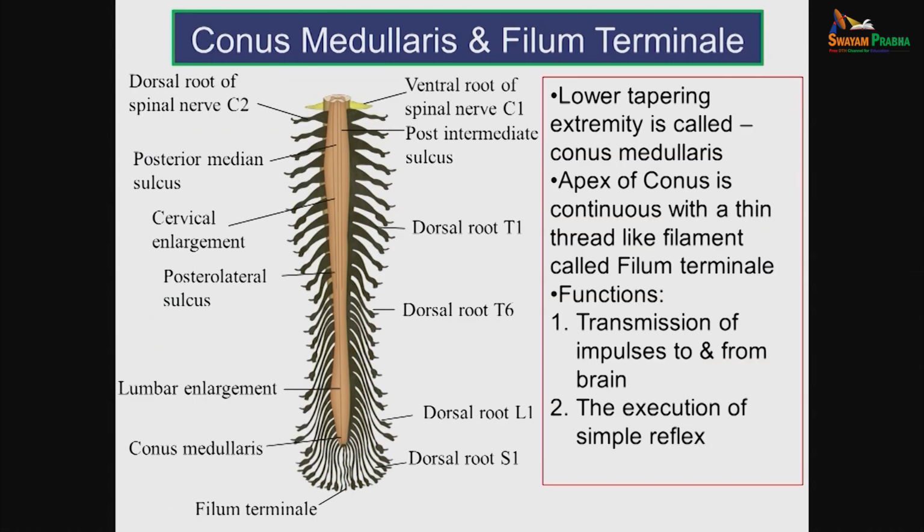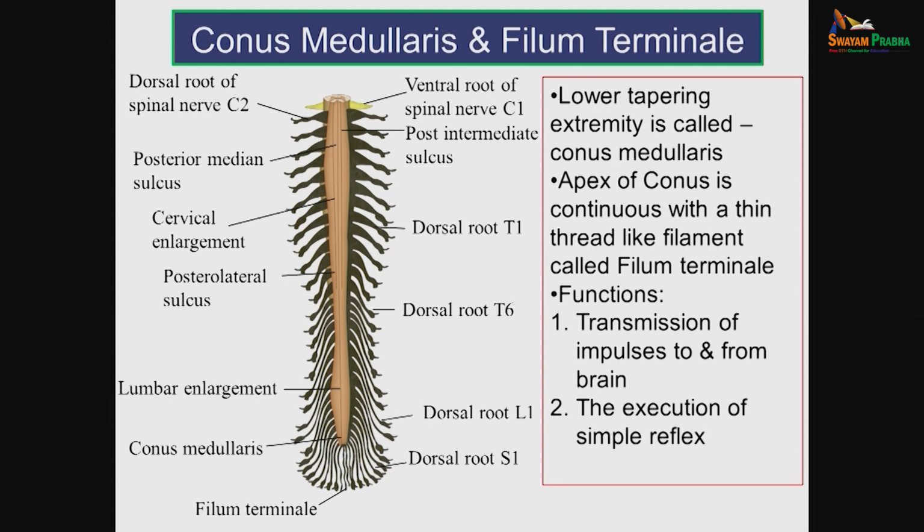So, the spinal cord ends at the lower border of L1 in a tapering extremity. You can see from this picture that the cord is ending in a tapering extremity which is called the conus medullaris. The cord is ending in a conical tapering extremity called the conus medullaris. From this picture you can make out that from the apex of the conus medullaris, a thin filamentous structure is extending, which is made up of pia mater.